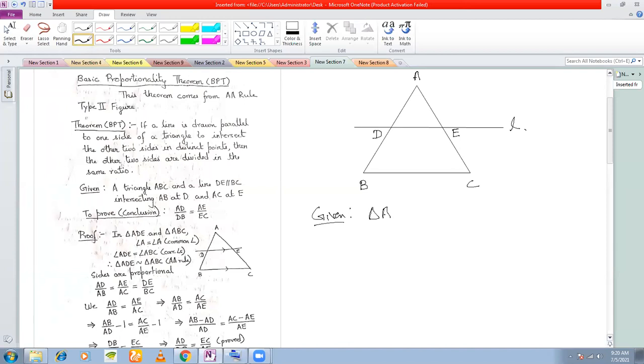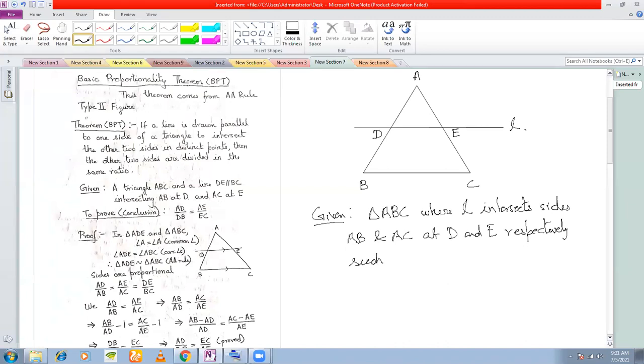Triangle ABC, where L intersects sides AB and AC at D and E respectively, such that L is parallel to the third side.